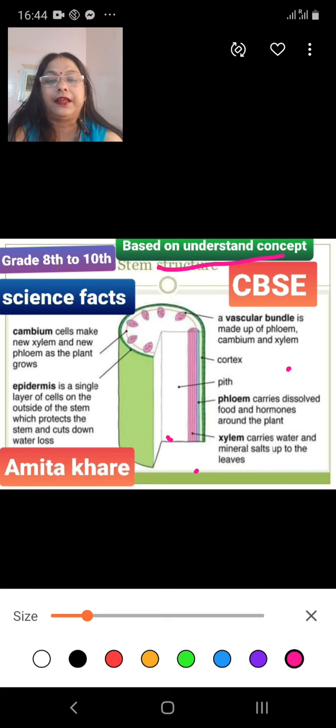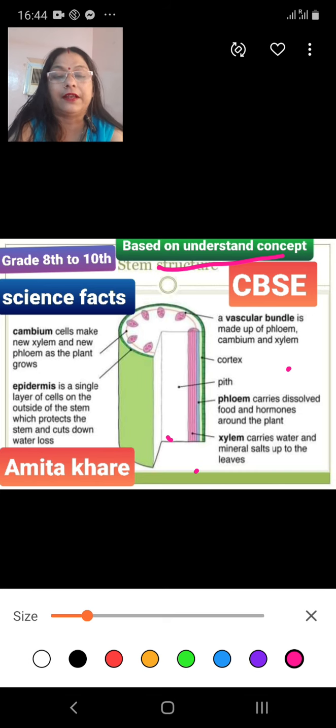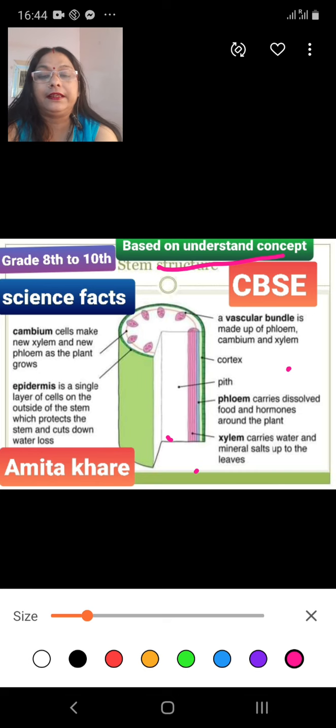This is a diagram of the stem structure showing on your screen. It is a very clear diagram. This line shows the cambium, and this green line is the epidermis.